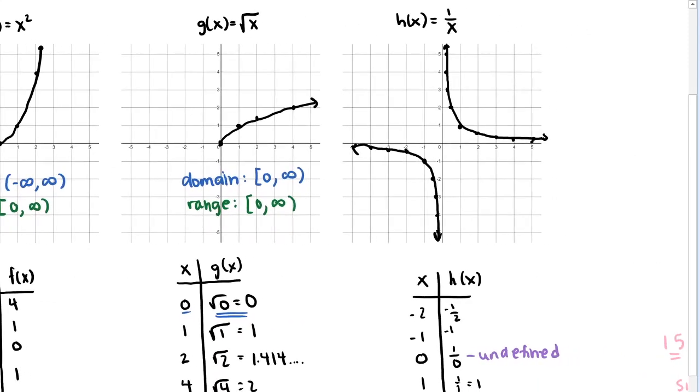And then here, this last example for this reciprocal function, it's actually everything but 0. I can't plug in 0 because that leads to division by 0, giving us an undefined result. But everything else is fair game.